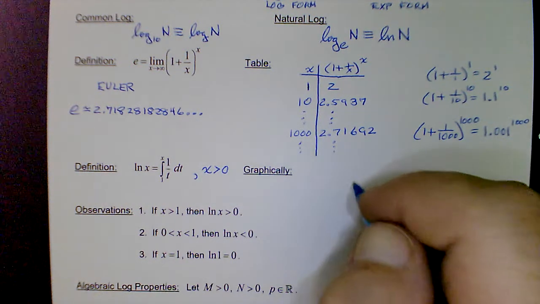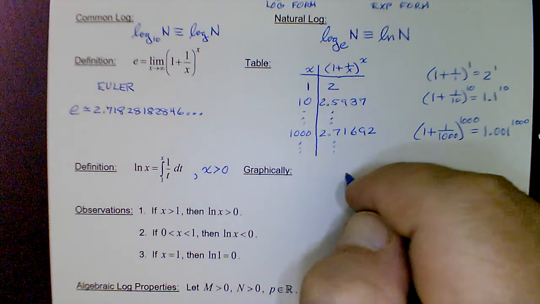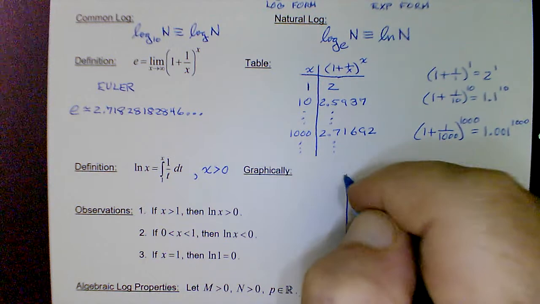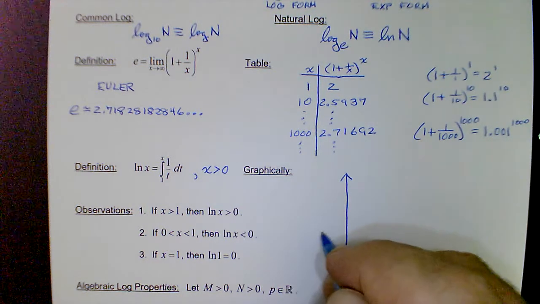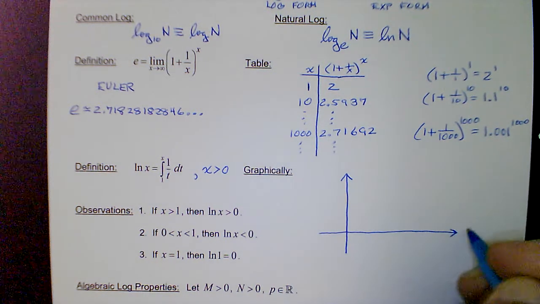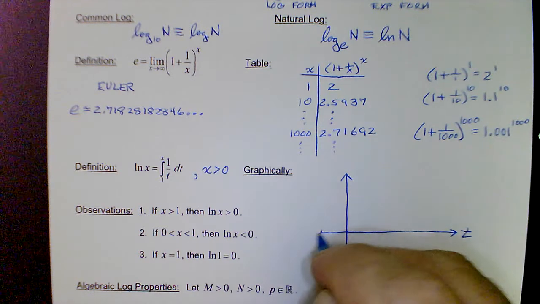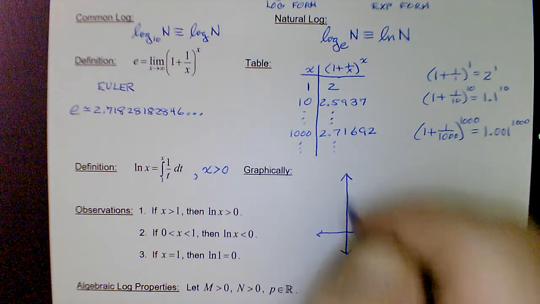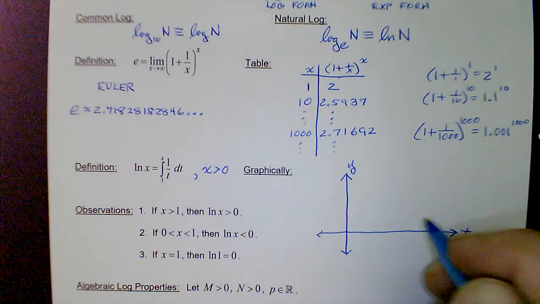And graphically, what this means is that you have a vertical axis and a horizontal axis, and the horizontal axis is actually the t-axis. You can label the vertical as y.